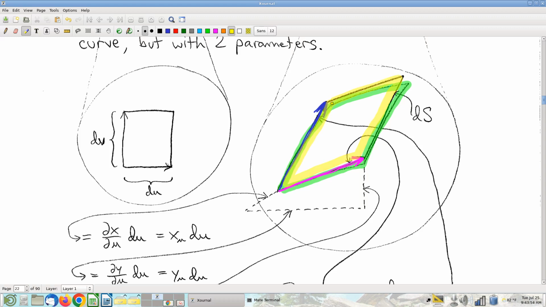And what I'm actually interested in, of course, is this green area, but you know what? It's really well approximated by this yellow area, and that yellow area is something I can get my hands on. It's a parallelogram in space.